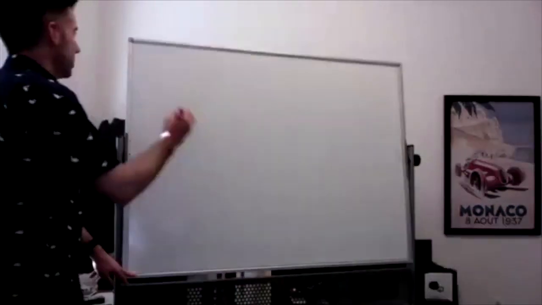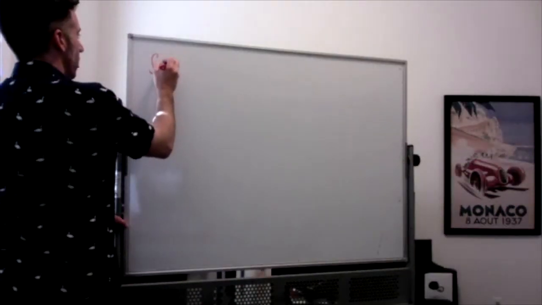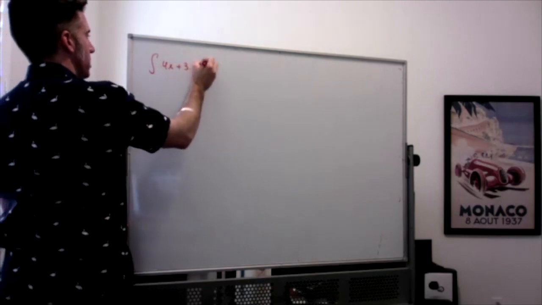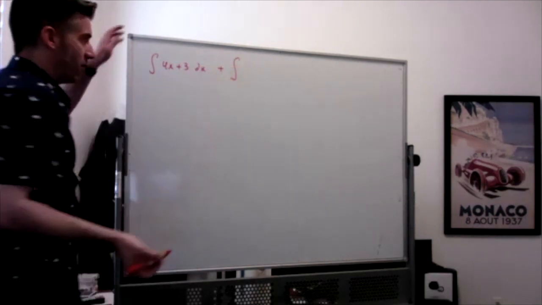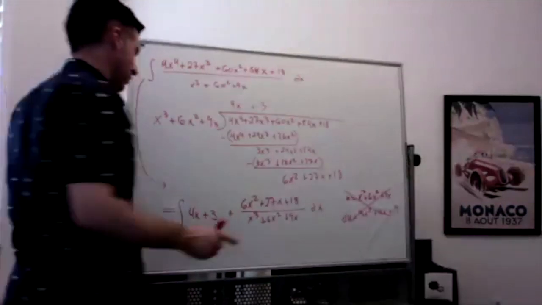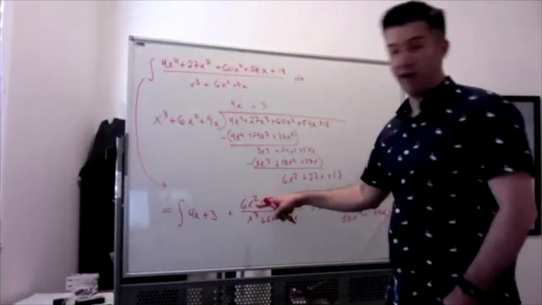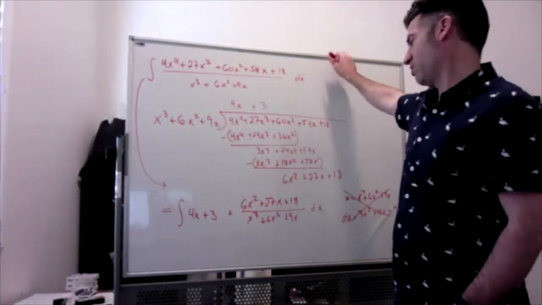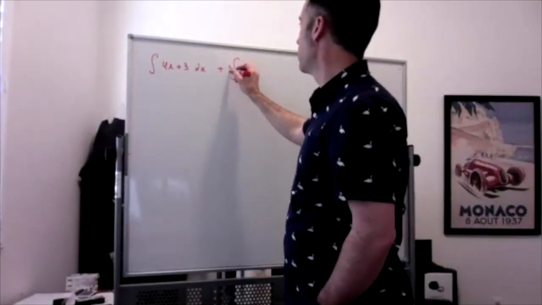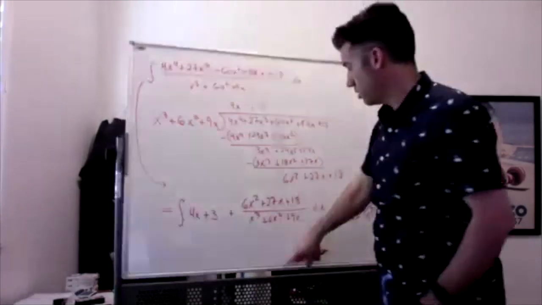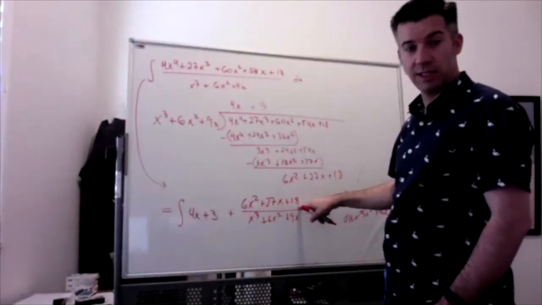So this is going to be the integral of 4x plus 3 dx plus the integral of, in fact, let's actually factor out a couple things. From the top here, I can totally factor out a 3. Do I want to factor? Yeah, I really do. So I'm going to factor out a 3, and I'm going to have a 2x squared plus 9x plus 6.